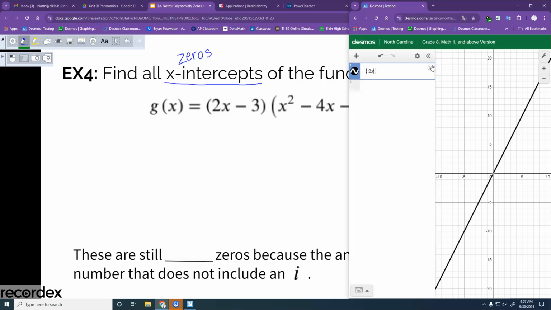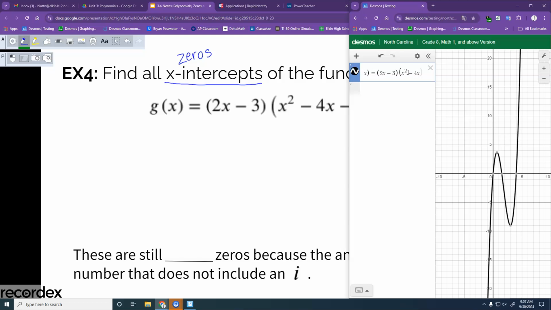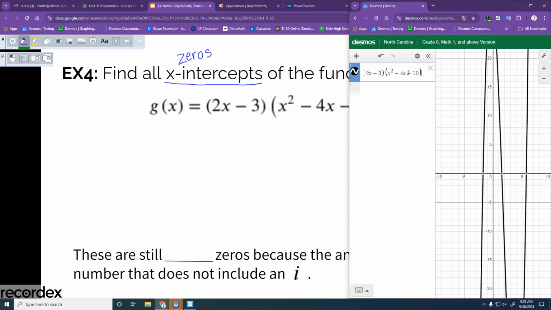So I got 2x minus 3. I don't know why I didn't put my g of x there. g of x equals 2x minus 3, and x to the second minus 4x minus 10. Okay? And x-intercepts are going to be at negative 1.742.